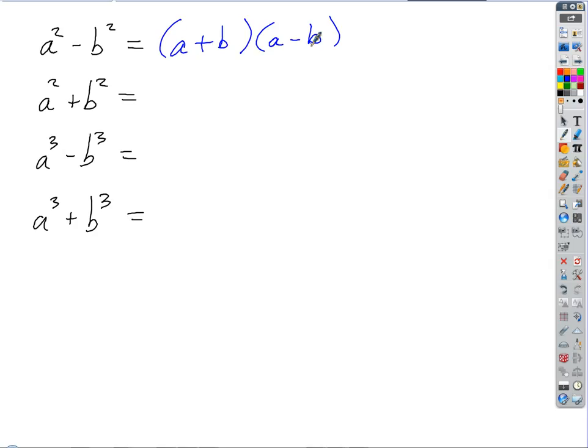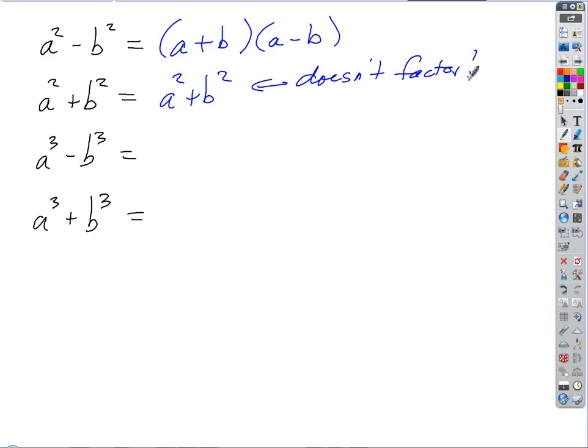Okay, a squared plus b squared. How about that one? That's the one that doesn't change. That's the one that doesn't factor. So that one just ends up being a squared plus b squared. It doesn't factor. Right? Can't go any further with that one.